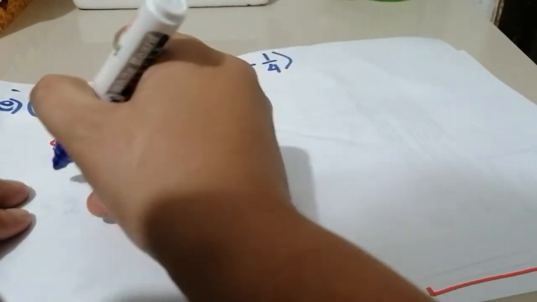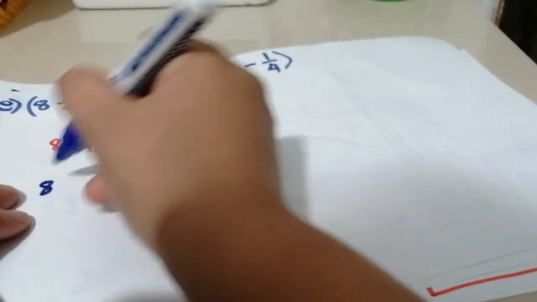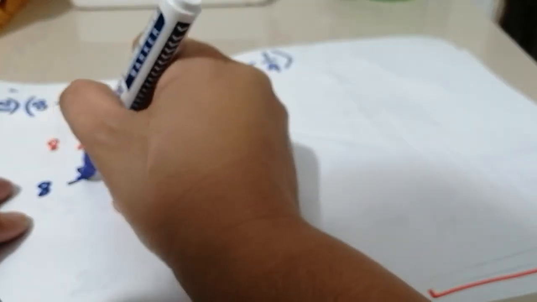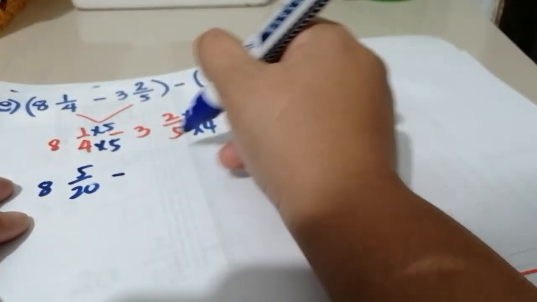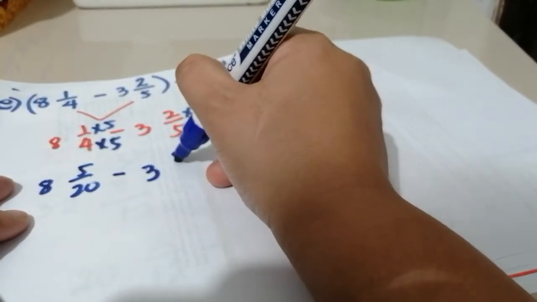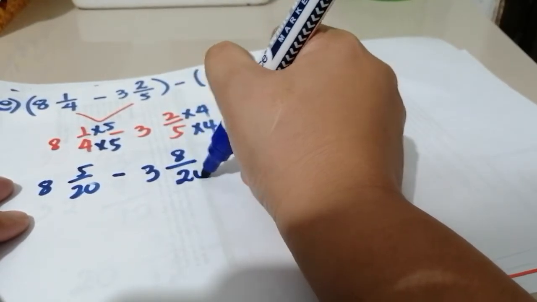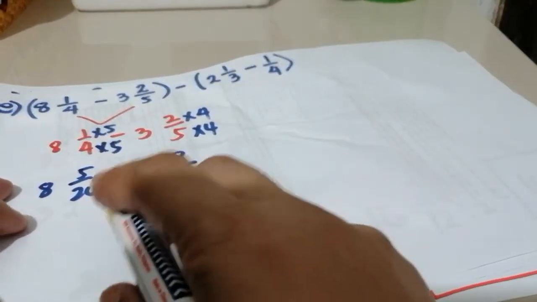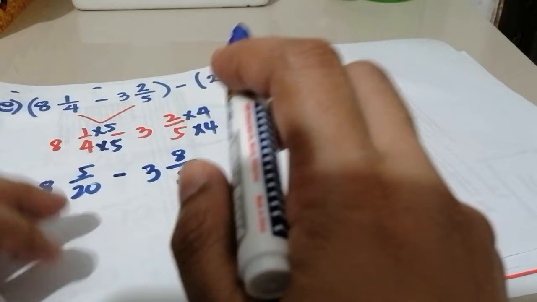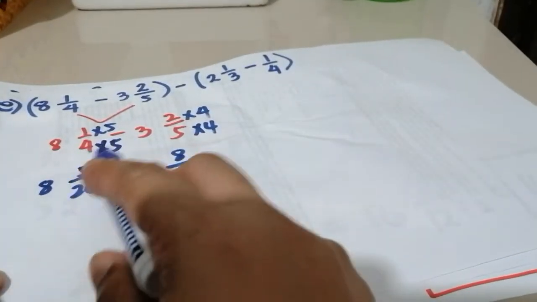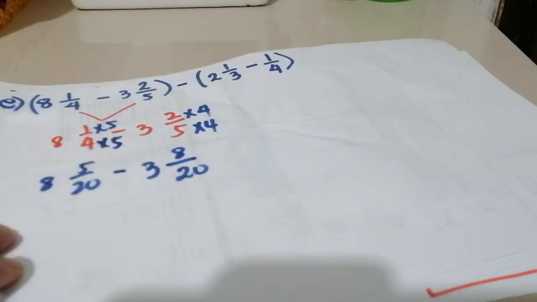So, doing that, we're going to have a new fraction which is 8 and 5 over 20 minus 3 and 8 over 20. Now that the denominators are the same, pwede na natin siyang isubtract. But take note, 5 minus 8, hindi siya pwede.